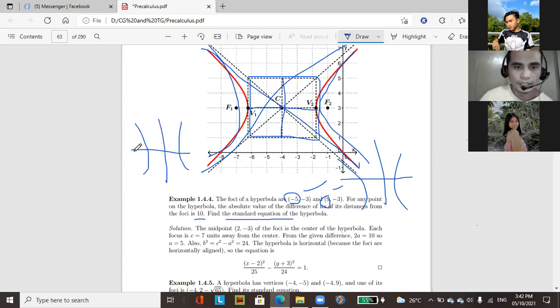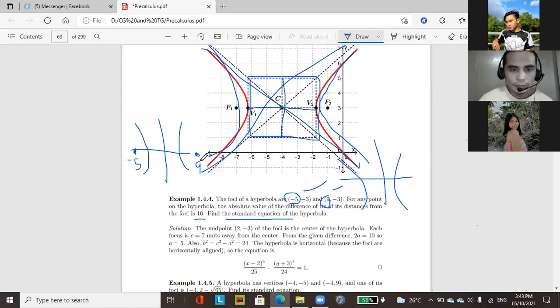So nadiri si F1, nadiri si F2. So it follows that sa makuha na to din ha. Nadiri si F1, nadiri si F2. So gikan dit ha, you have -5 daw siya diri, and then you have 9 din hi sa pikas.